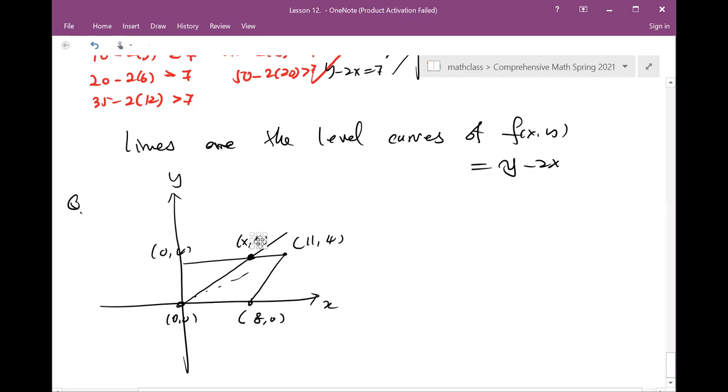So I have to find out, question one, find the x such that the two regions have an equal area.